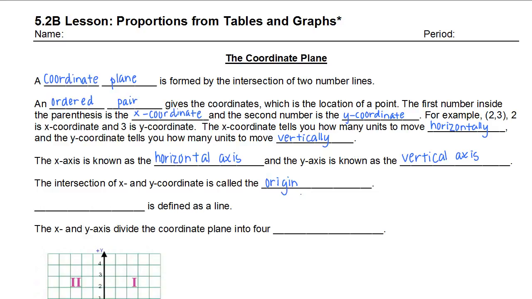The intersection of the x and y axes is called the origin. So where the two number lines intersect is called the origin, and that ordered pair is 0, 0. When something is linear, we say that it is a straight line. So linear is defined as a line, and we'll see that come up in the first few examples in this lesson. And the last blank to fill in, the x and y axis divide the coordinate plane into 4 quadrants.